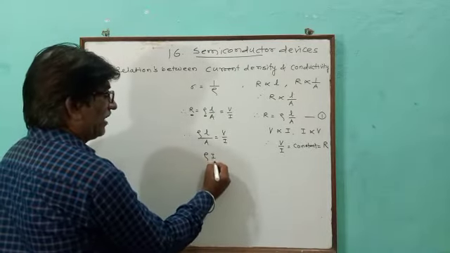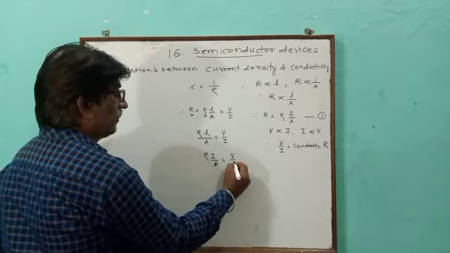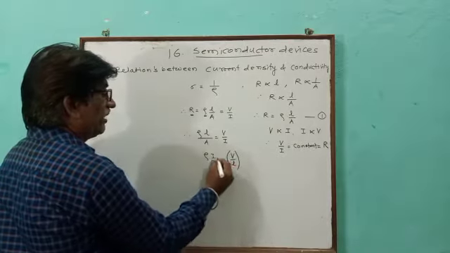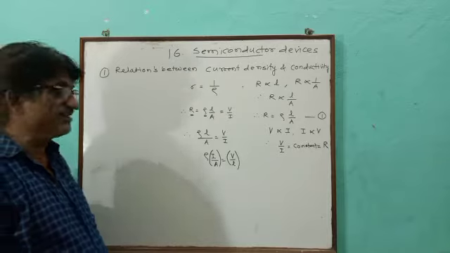What happens? Rho I upon A is equal to V upon L. See here, V upon L and I upon A, these two terms are the same.